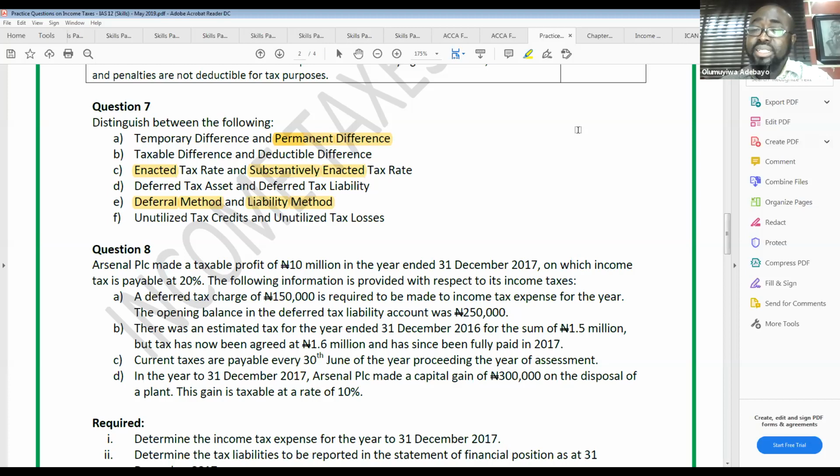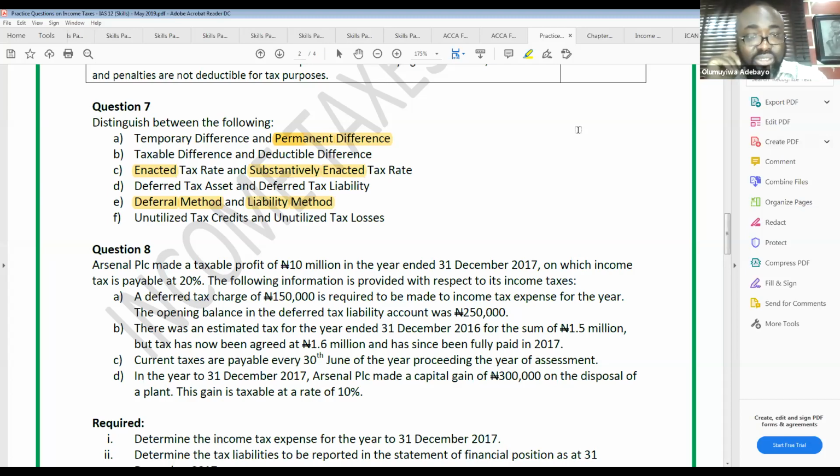You are only saying that instead of recognizing depreciation in the way accounting principle allows, I'm going to recognize it from my tax perspective, because depreciation and capital allowance are saying the same thing, only that they are using different bases of allocating the same cost over a certain period of time, which means such a difference is temporary, because the same cost of assets of 10 million that you depreciate over 4 years is the same thing that will be given capital allowance for the same amount over 3 or 4 years. Are you getting what I'm saying now?